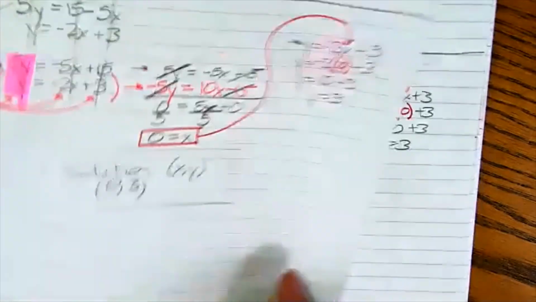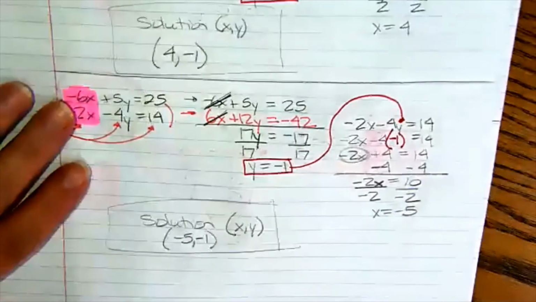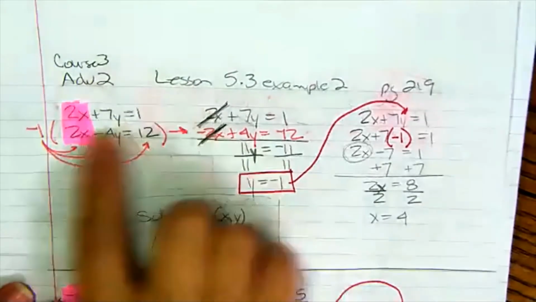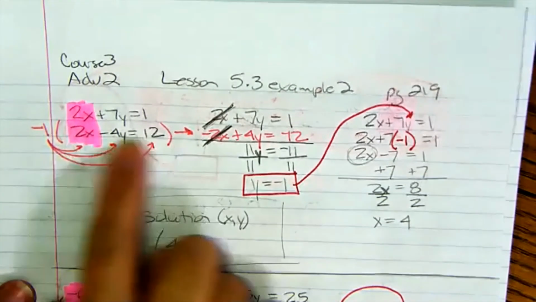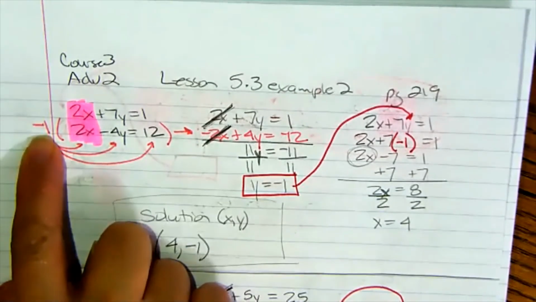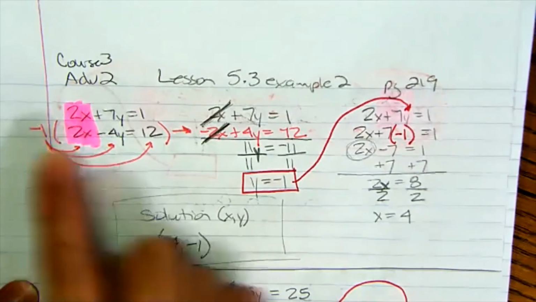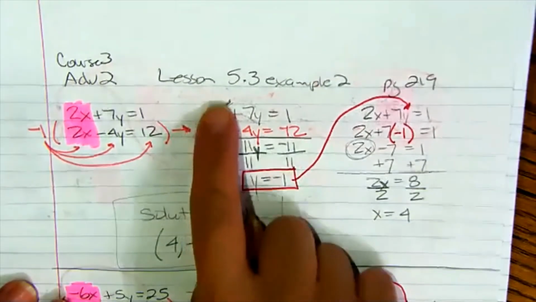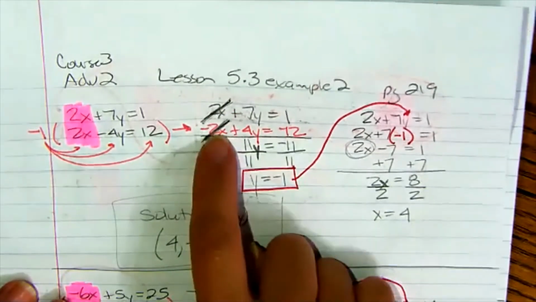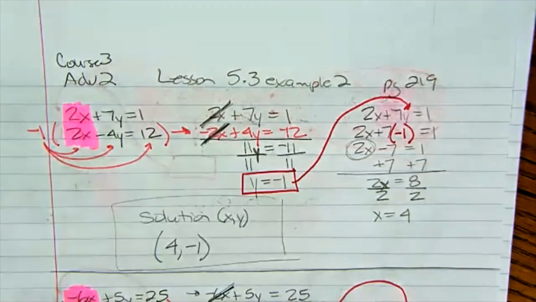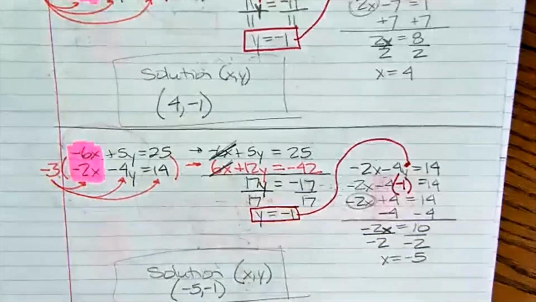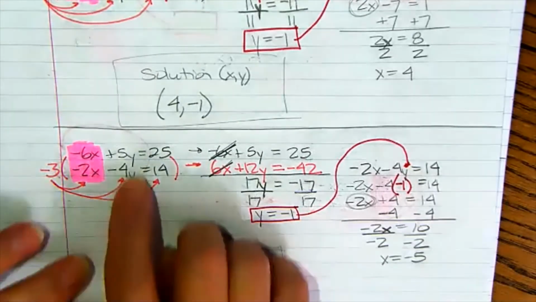So yesterday, we learned how to solve a system of equations, and sometimes we had to multiply one of those equations by negative 1 so that we had a set of terms that canceled each other, that eliminated each other. Well, we don't always have to multiply it by negative 1.